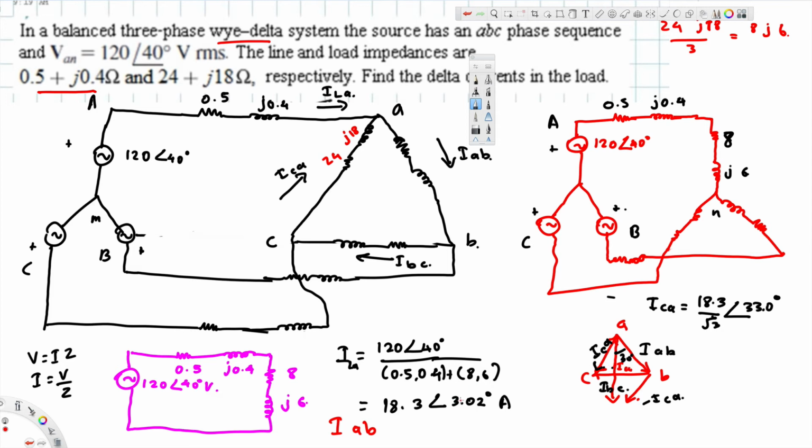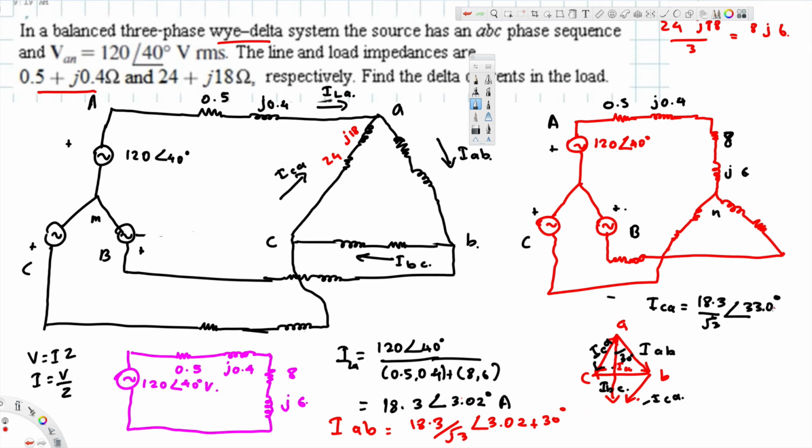The line current we found to be 3.02, and from this one we have 30 degrees. That's how we get 18.3 divided by root 3, because we are going from Y to delta, so we have to divide by root 3, angle 3.02 plus 30 degrees. Okay, that is IAB.